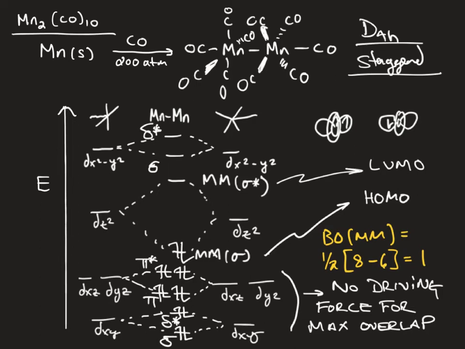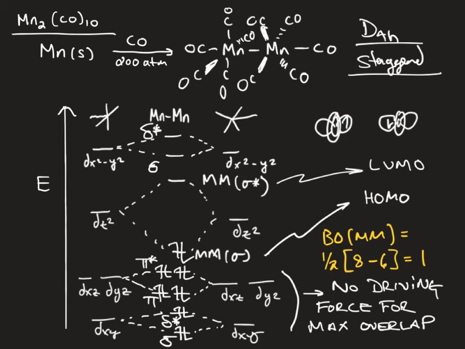There's no pi or delta type overlap. So the geometry of this can be driven by sterics because there's nothing to gain by having strong overlap with these orbitals. In fact, strong overlap with those orbitals will actually lead to a slightly destabilized structure.